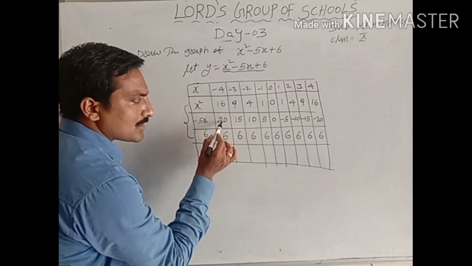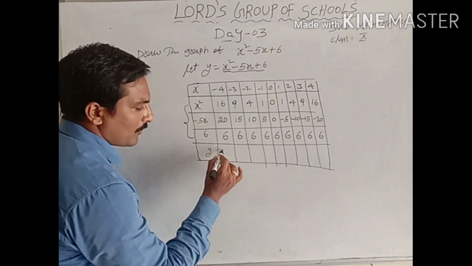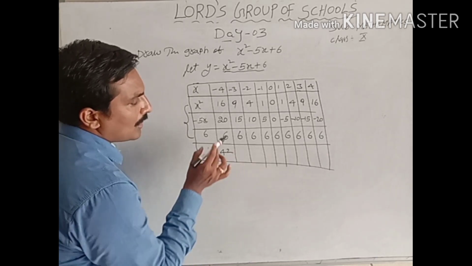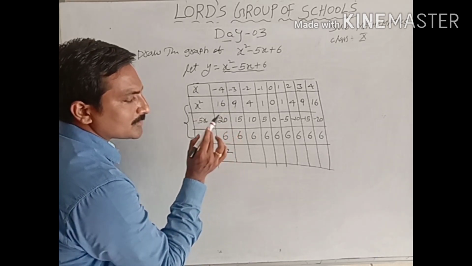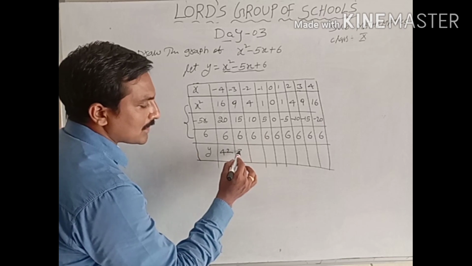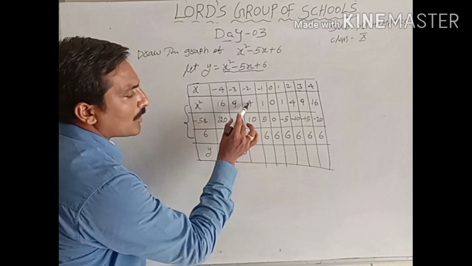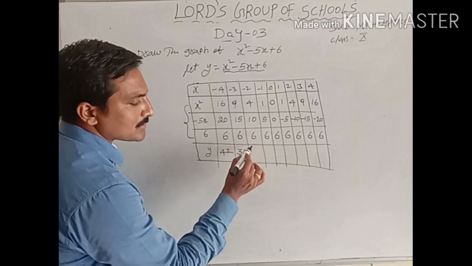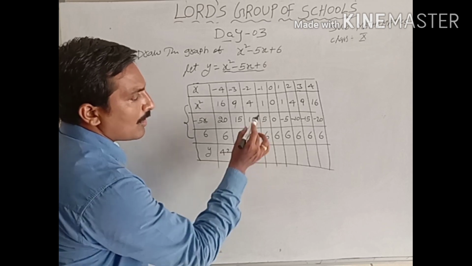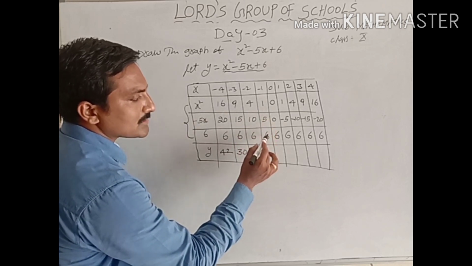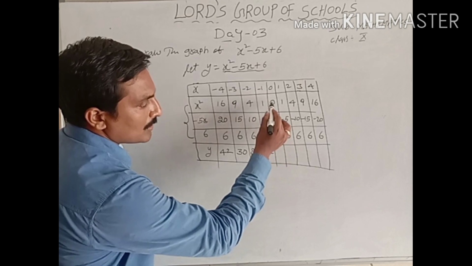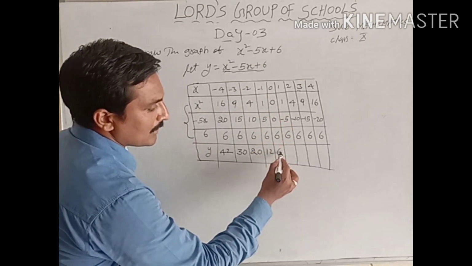16 plus 20, 36, plus 6, 42. 9 plus 15, 24, plus 6, 30. 4 plus 10, 14, plus 6, 20. 1 plus 5, 6, plus 6, 12. 0, 0, 6, 6 is there.